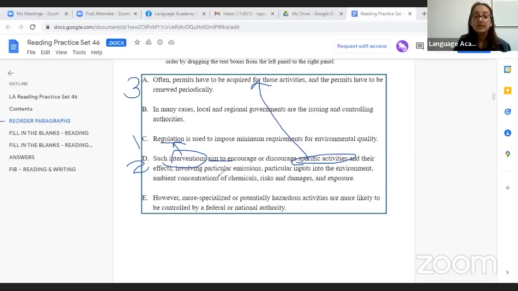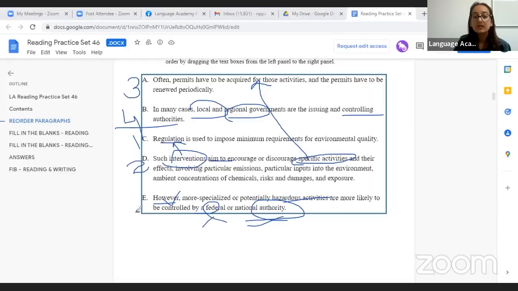Then there were two sentences, one with however, this is federal and national authority, and the previous one with local and regional governments as the controllers. This will come first: in many cases, local and regional governments are the controlling authorities. However, for other hazardous activities, they are controlled by federal and national authority.